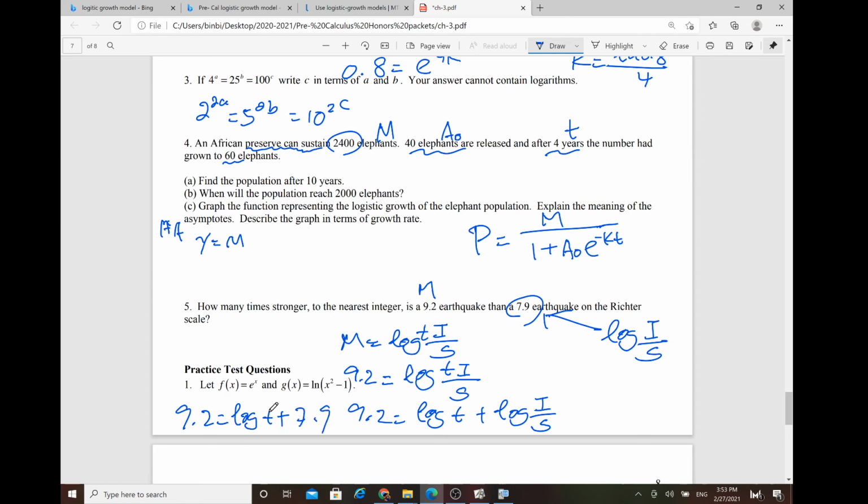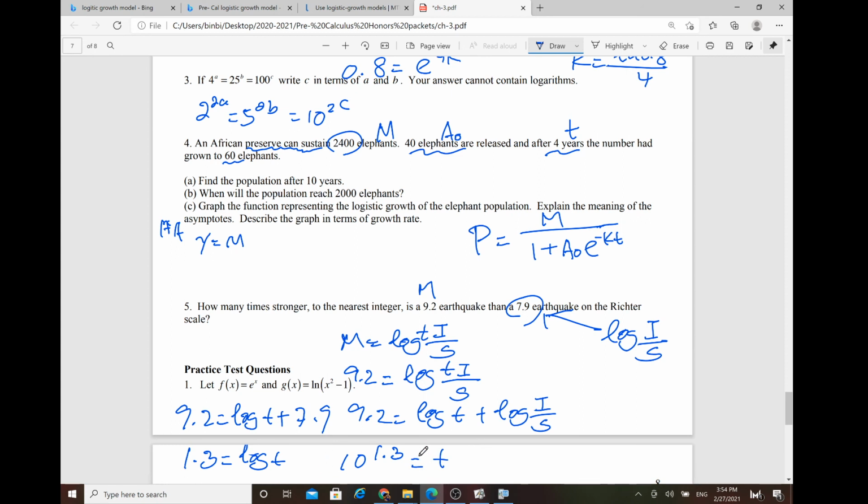In order to solve for the number of times, we can subtract. So 9.2 minus 7.9, we got 1.3. So that equals log of t. And then solve for t. Convert it back to the exponential model, so 10 to the power of 1.3 equals t. Then just find out what that is on the calculator.